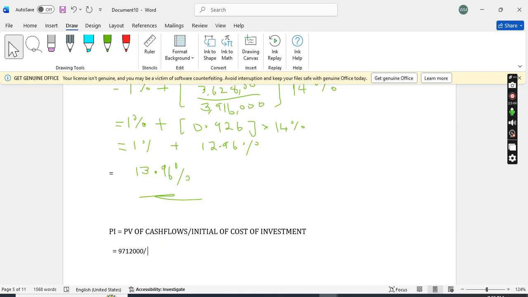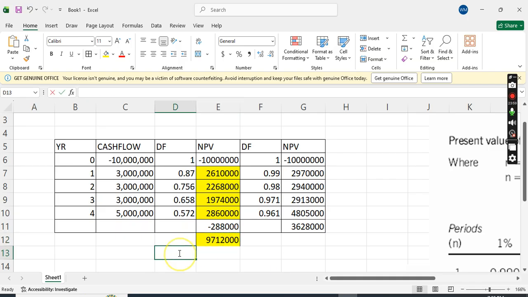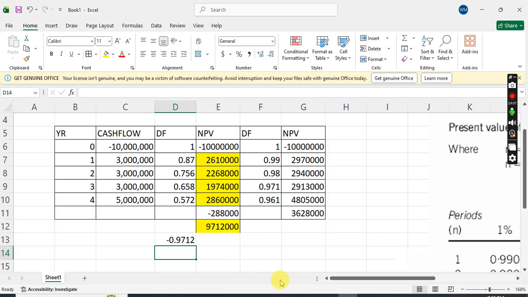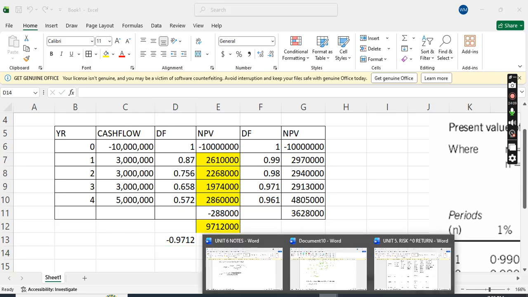Divided by initial cost of investment, 10 million. $9,712,000 divided by 10 million. $0.971.